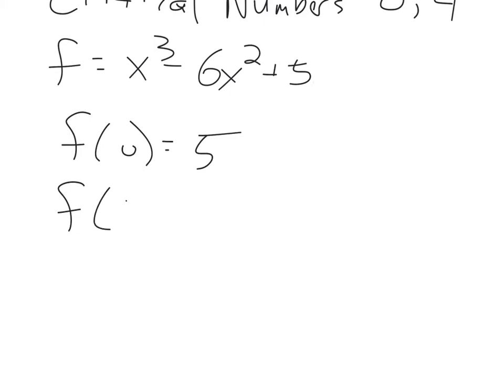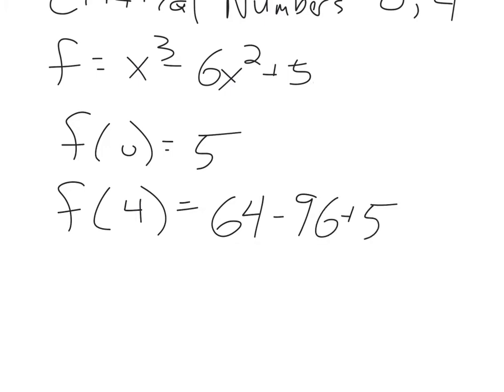F of 4 is, let's see, 4 cubed is 64, minus 6 times 16. 6 times 16 puts us at 96, plus 5. So 69 minus 96, we're at 27 there. Excuse me, negative 27. Okay, those are our two critical numbers.